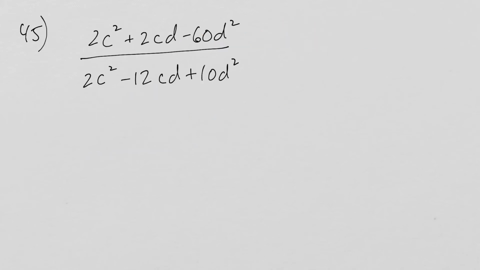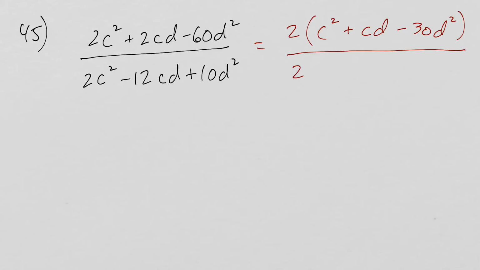Okay, here we're going to start by factoring a 2 out of the numerator, and we'll be left with C squared plus CD minus 30D squared. And the denominator will factor out a 2, and we'll be left with C squared minus 6CD plus 5D squared.